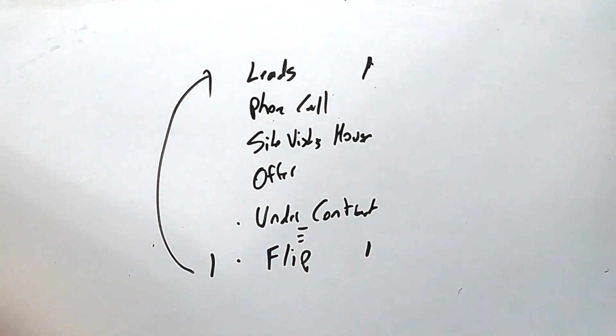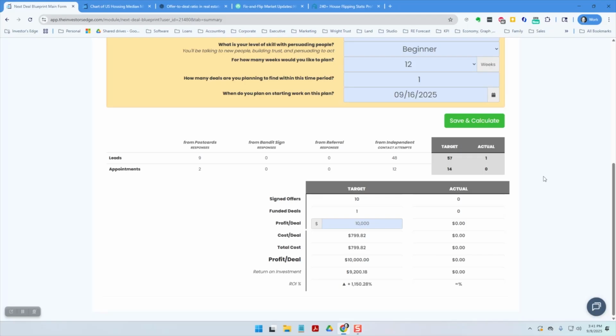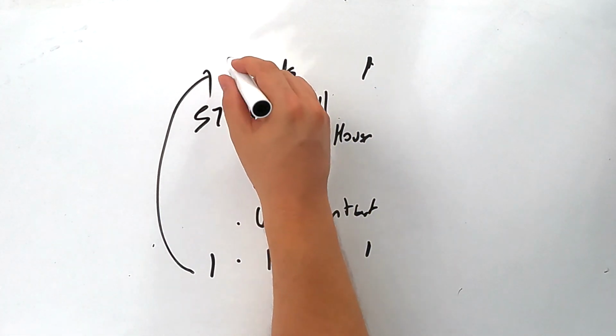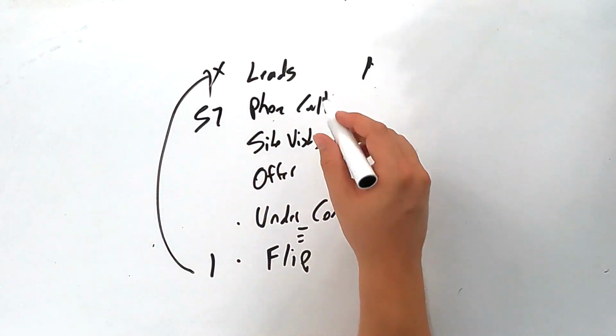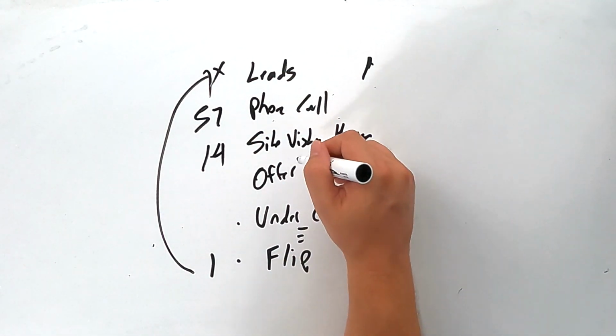So it takes a lot to get here. A lot of people think that one property is going to get them there, and it's just simply not. So what we're looking at here is you're going to need 57 phone calls. It's called leads in here, but you're going to need more leads than that. And that's going to turn into appointments, about 14 house visits.